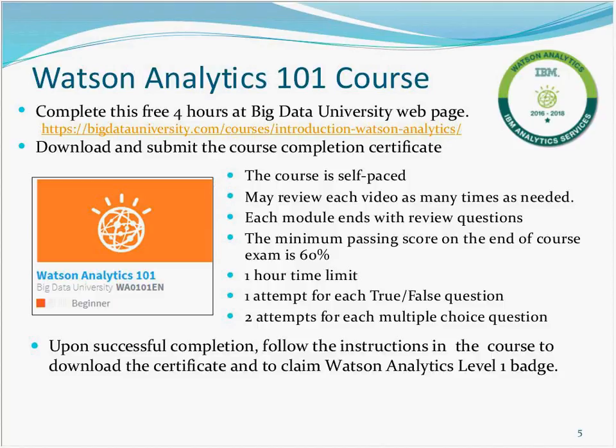When you complete the course, you need to download your certificate and upload it in the classroom. You're going to get your completion certificate, but the course has a test. At the end of the course, there is a test, and you have 1 hour. There are some true and false questions where you get 1 attempt, and you get 2 attempts for each non-true and false question. All right.